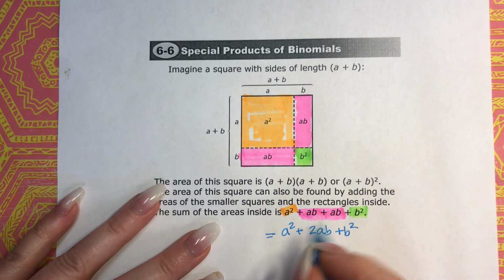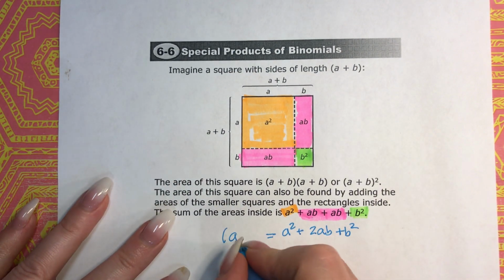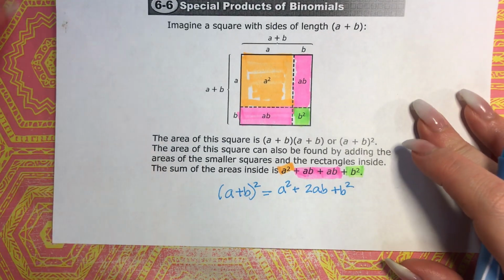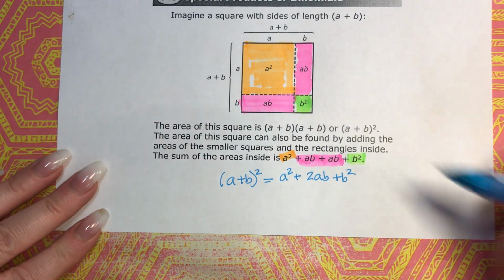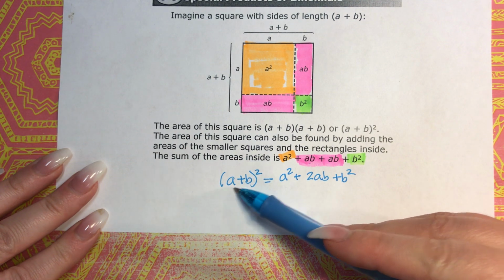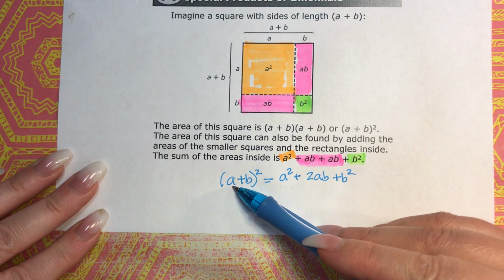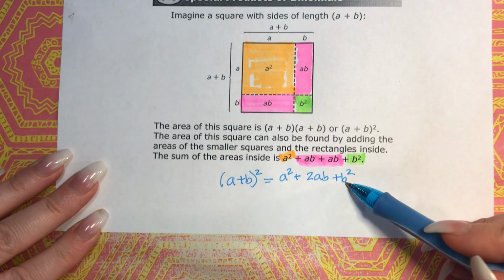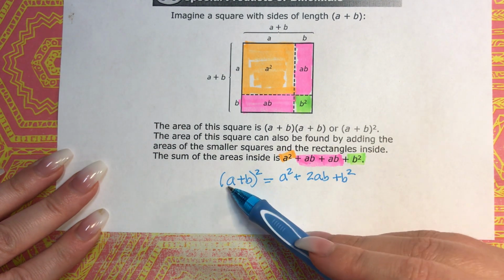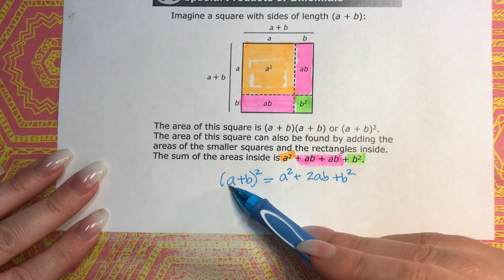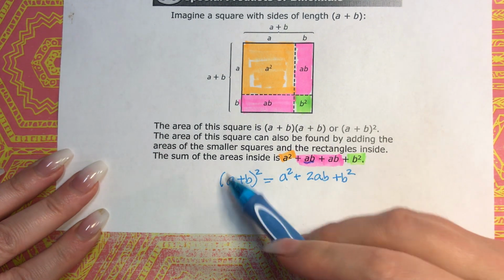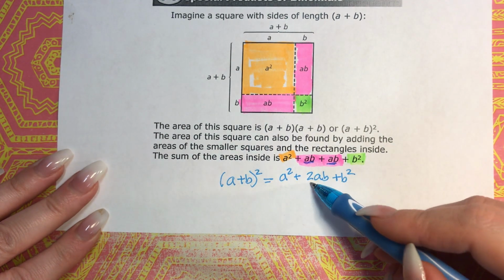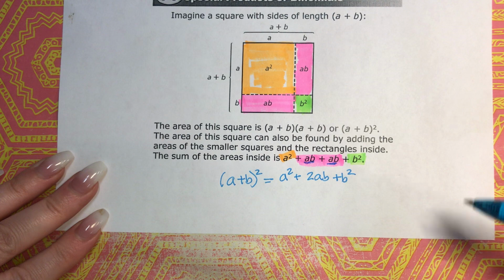Now this equals a plus b squared. They're the same thing, right? So look at what's happening. If we have a plus b and that's squared, it takes this a and squares it, and it takes this b and squares it. But then they multiply this by this, a times b, which is that, and they do it again, a times b, which is that, and that's where you get this 2ab from.